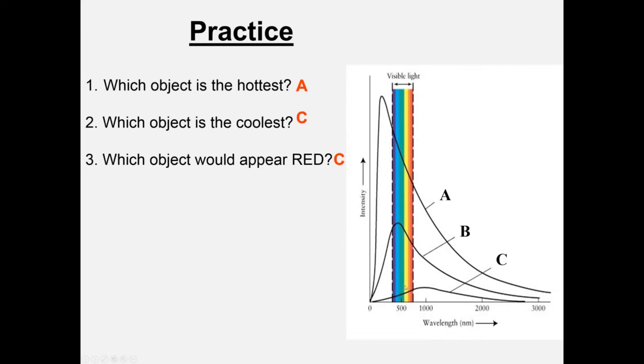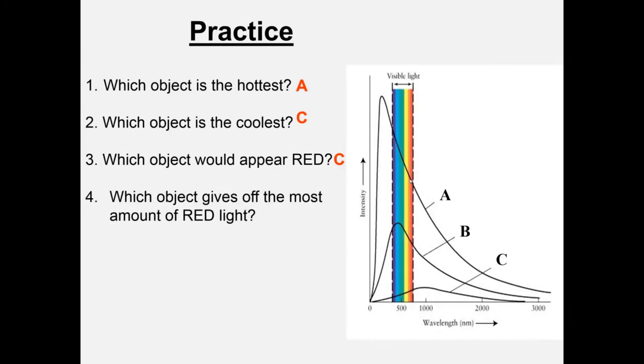They all put out all colors, but star C is putting out more red than blue. So what color is star C going to look? Red. What about star A? It's putting out way more blue than red, so what color is it going to look? Blue. And we already said the hotter stars are going to look blue. That's why, because look at the slope of this line. It's going up. It's got more blue than it's got red.